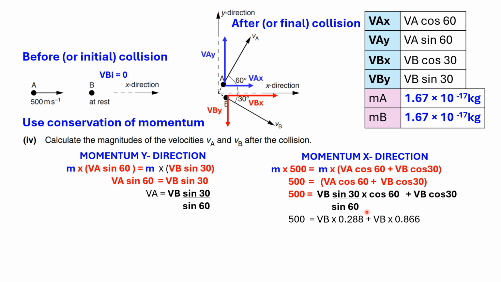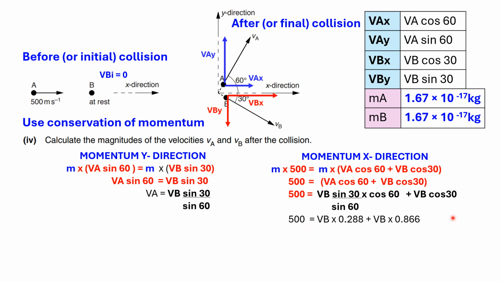Now you can use your calculator and do sine of 30, sine of 60, cosine of 60, cosine of 30, and we have this result right here. So 500 is equal to VB times 0.288 plus VB times 0.866.